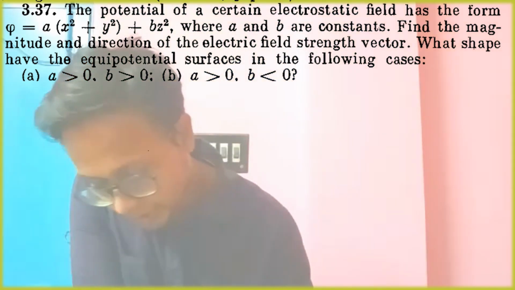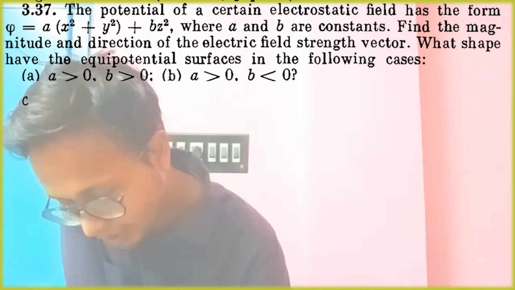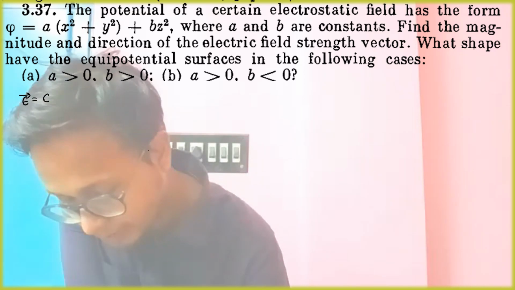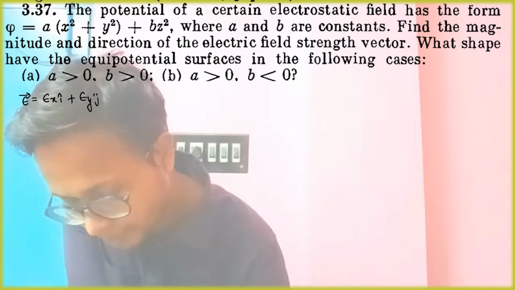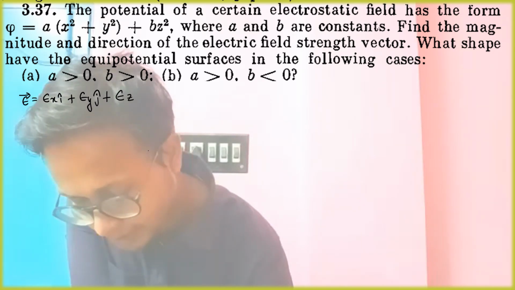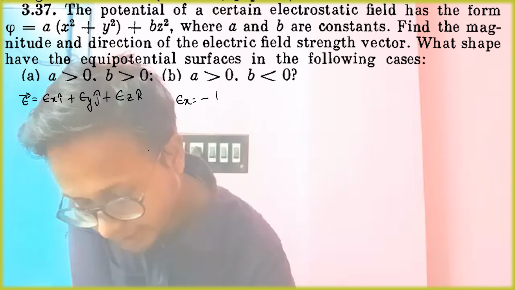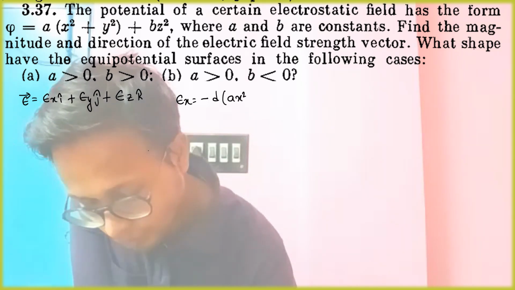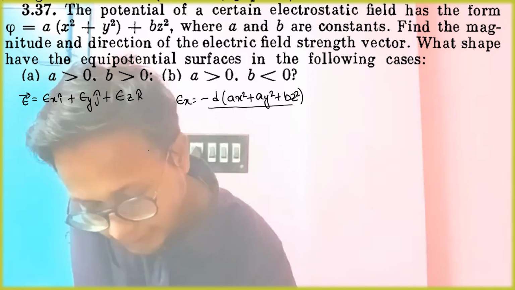Similarly, in this question, potential is given by this equation. We have to find out the electric field. Electric field is nothing but Ex i plus Ey j plus Ez k. Ex is nothing but minus dV by dx, where V is a x square plus a y square plus b z square.